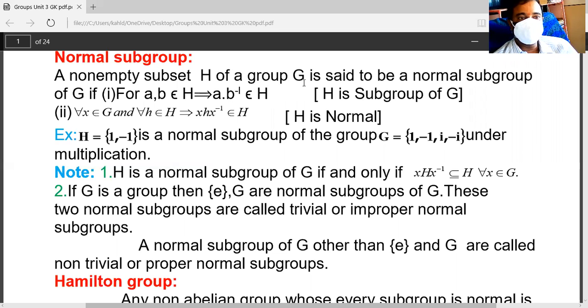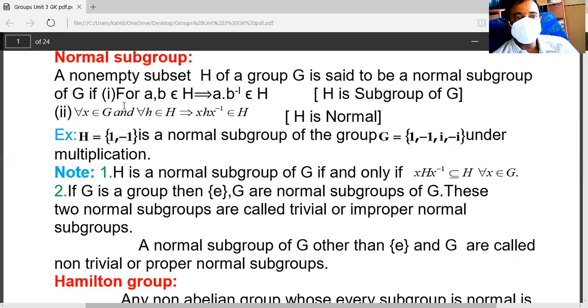For example, H equal to {1, -1} is a normal subgroup of the group G equal to {1, -1, i, -i}. We know that this is the fourth roots of unity. This G is a group under multiplication, which we learned in the first unit.